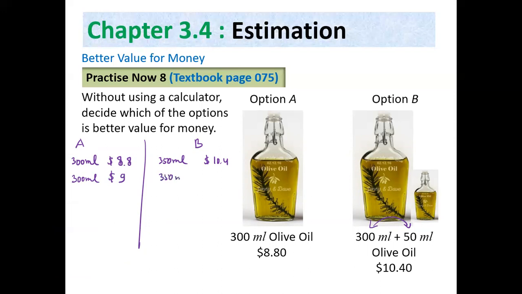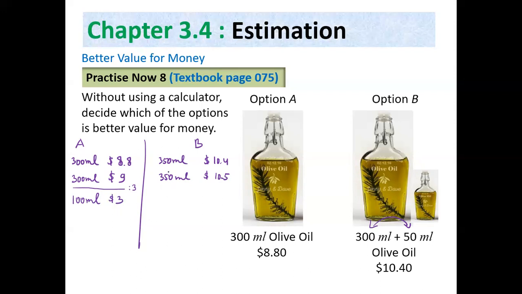And for 350 milliliter, I just write 10.5. I just increase a bit. I want to increase the 8.8 to 9, and 10.4 to 10.5. No problem. Okay, and what else? You divide by 3. So 100 milliliter costs about $3, right?